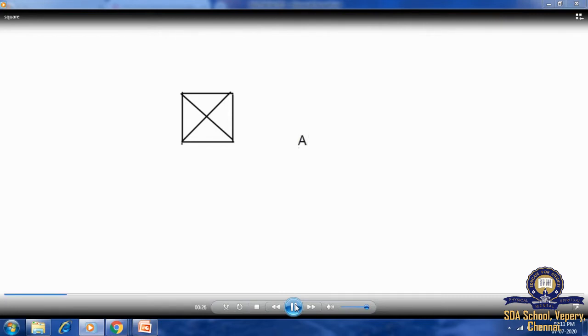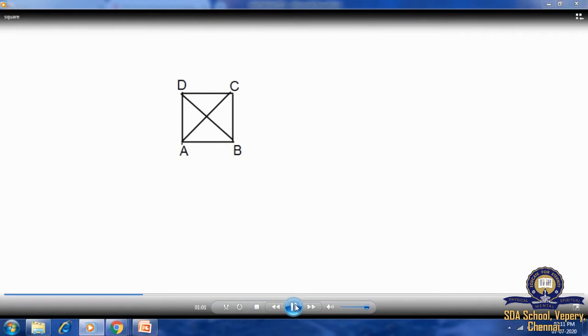Now we are going to name the corners. A, B, C, and D. Place A, B and C in order. Mark your square with the alphabets.